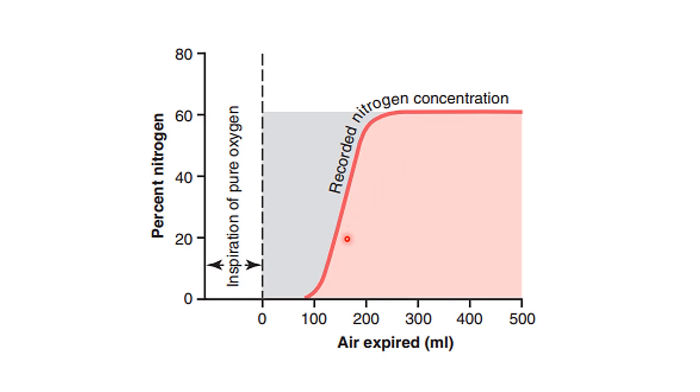So, if you will observe this graph, you will see that there is a demarcation of the gray area and the pink area. Okay?